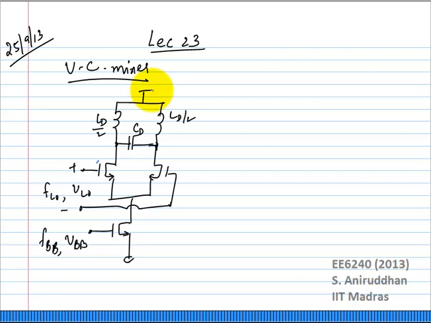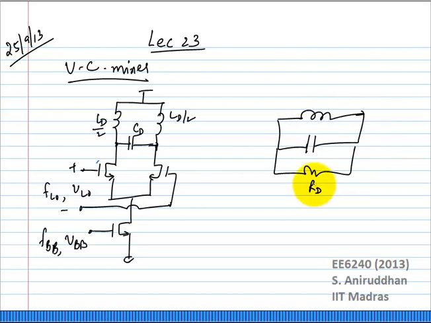Of course the tuned load will have some equivalent Q at your frequency of operation, and you can replace that using a parallel RLC circuit with RD, LD and CD, and the noise from RD will matter because the source of that resistance is a physical resistor.